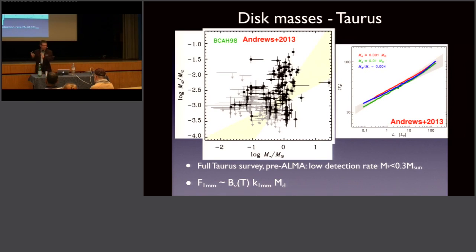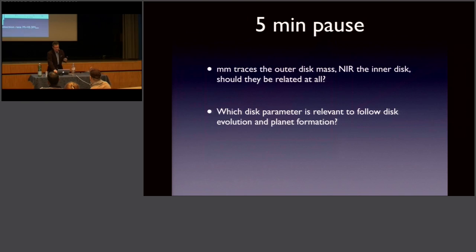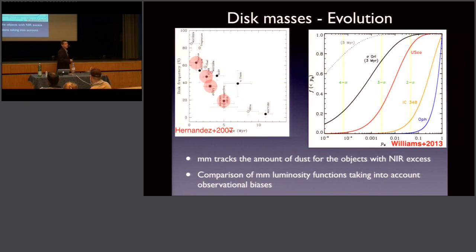Okay, so if we take this as a reference and we compare measurements of millimeter emission of disks in other star-forming regions with this one, is this compatible or is it different? That's the question that is being addressed here, okay? And to do this, you have to do a complicated analysis because you have to take into account that you have a sensitivity bias, a selection bias.